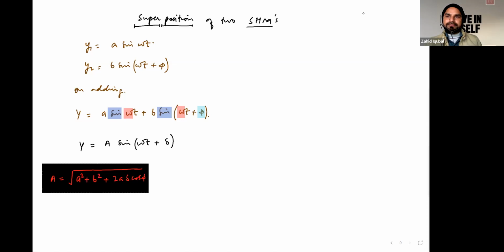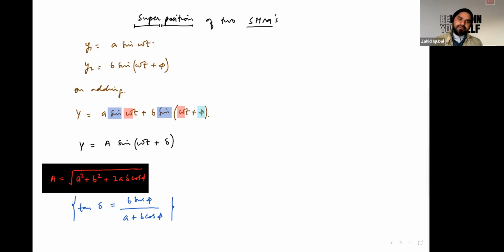Next, for calculation of delta, tan delta is equals to b times sine phi divided by a plus b cos phi. You may use this expression. This is related to tan beta, which was equals to b times sine theta by a plus b cos theta.